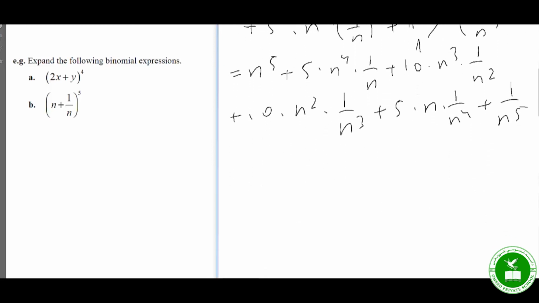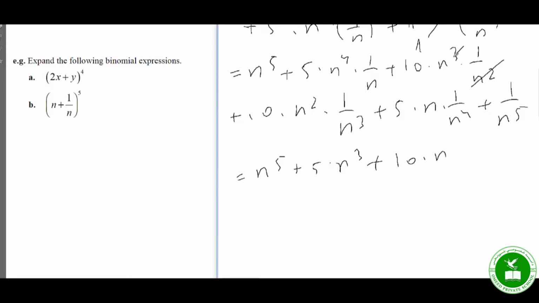Let's again simplify them. So it's equal to n to the power of 5, plus 5 times n to the power of 4 times 1 over n, which is 5 times n cubed. If we simplify n to the power of 4 and 1 over n, we will get n cubed, plus 10 times n cubed times 1 over n squared, which is 10 times n, because the square and cube will cancel.